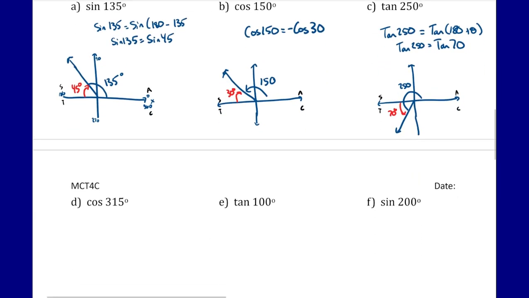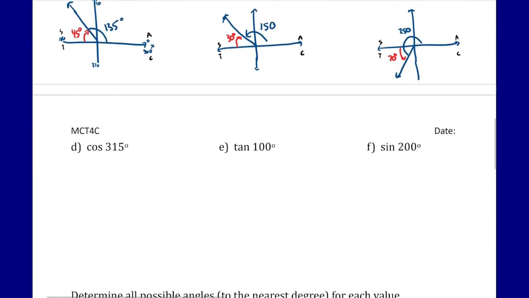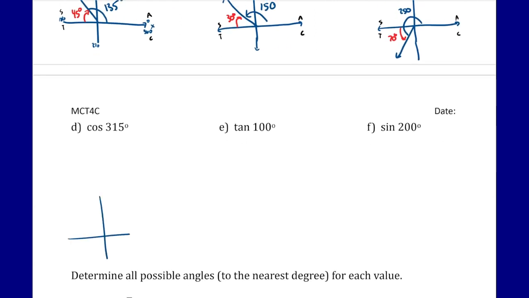Going through the next one, cosine of 315. So 315 is somewhere over here, going all the way around. Again, we want to find the related acute angle. The acute angle that would be related here would be 45 degrees. I'm doing 360 minus 315 equals 45.